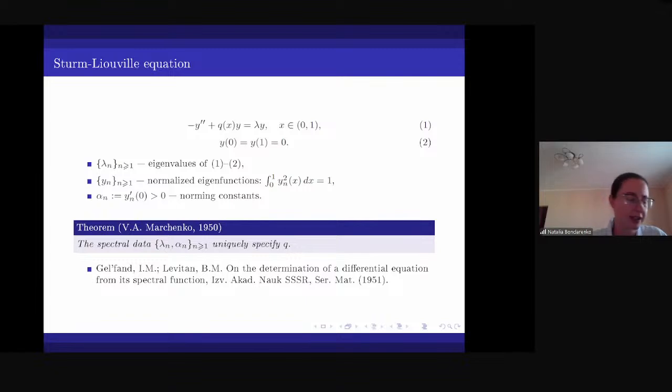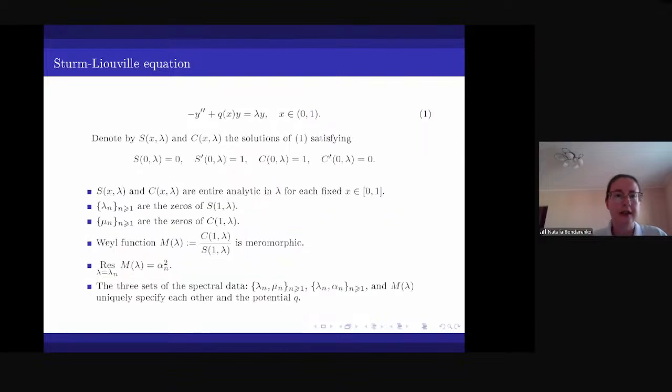For the Dirichlet boundary conditions, this uniqueness theorem is valid. Another way of choosing the spectral data for unique reconstruction of the potential is the Weyl function.